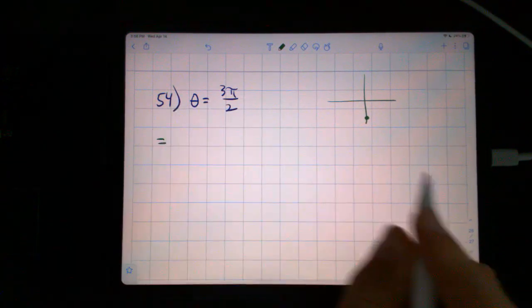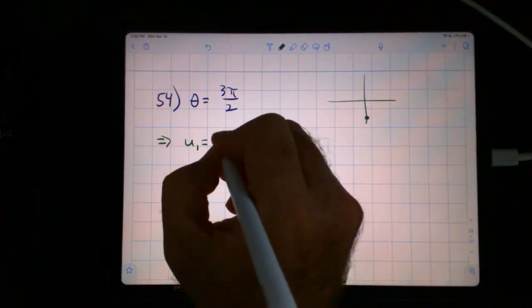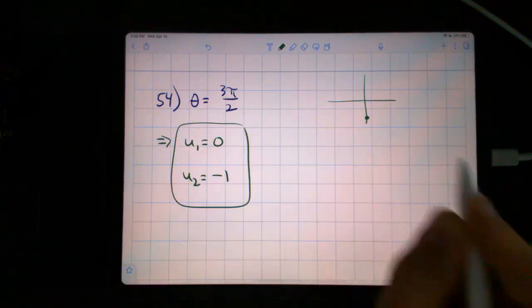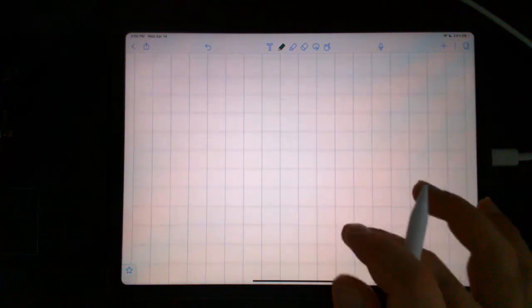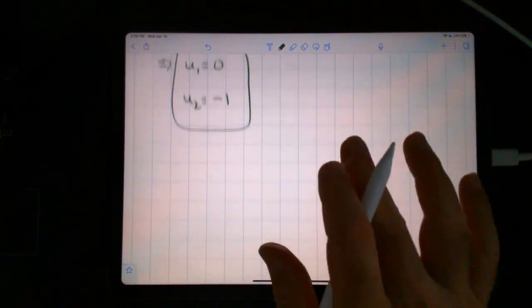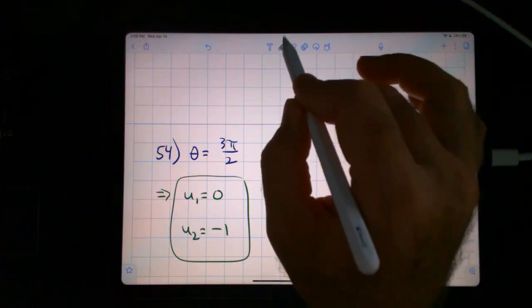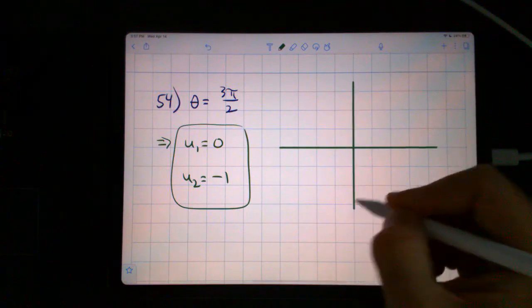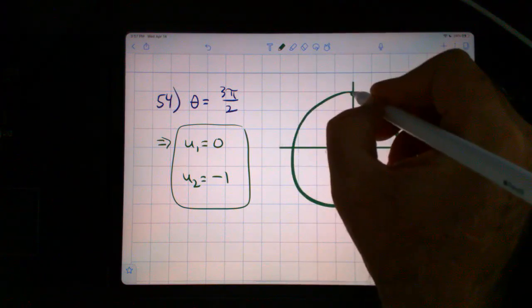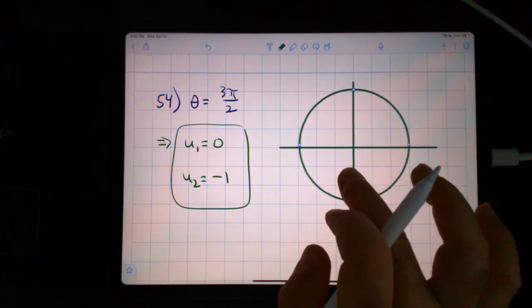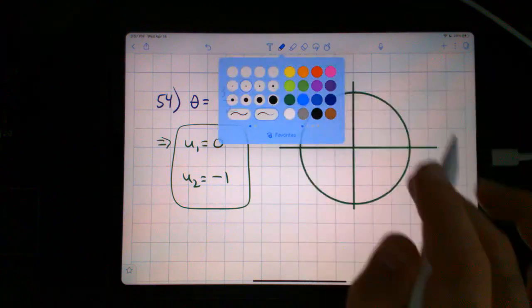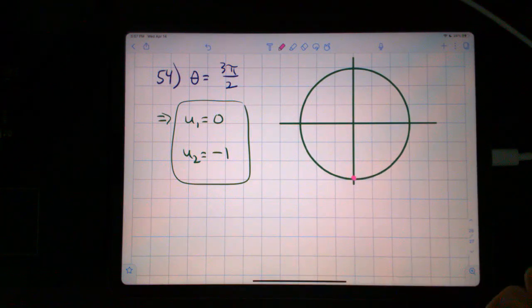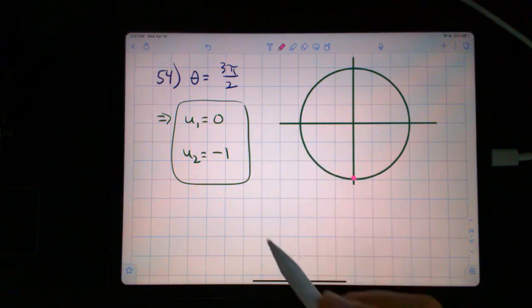So this is going to be your 3 pi over 2. X is 0 and y is -1 if you like.